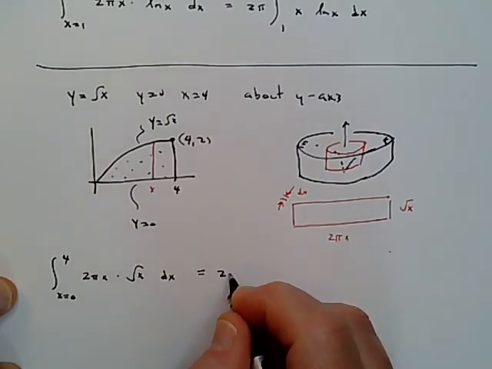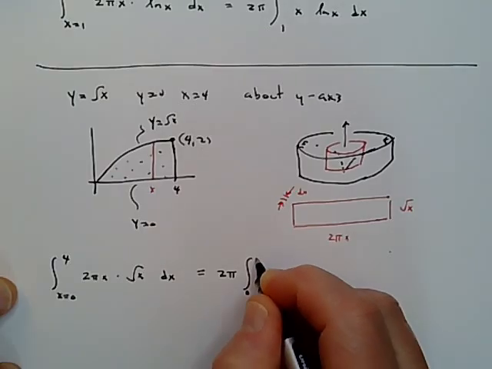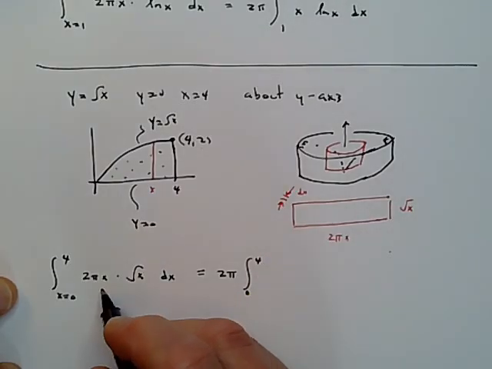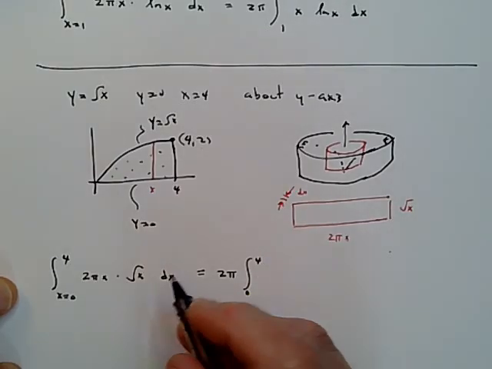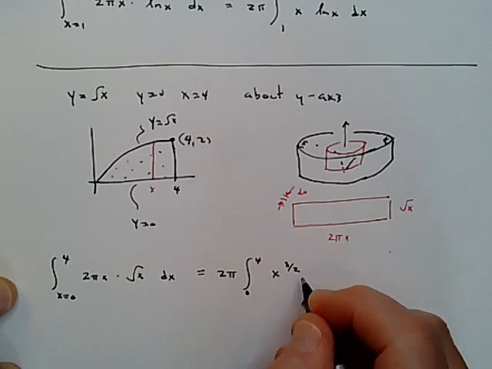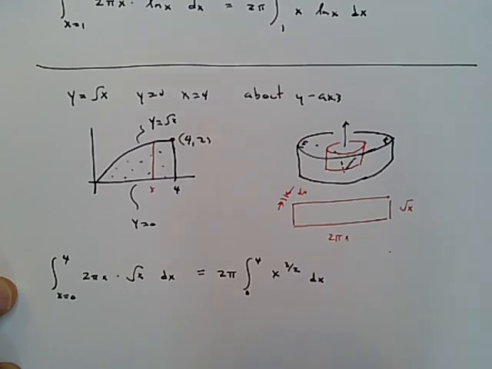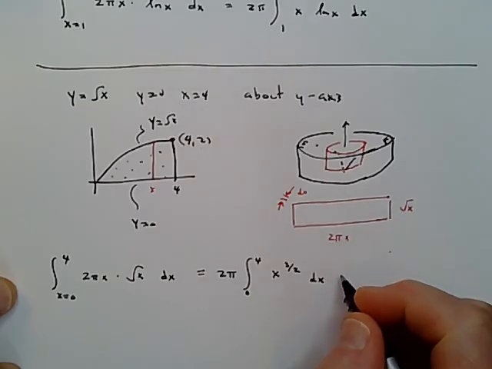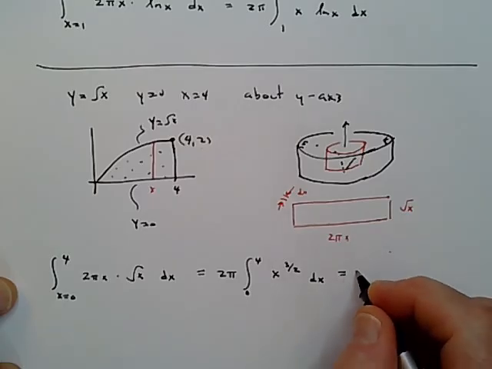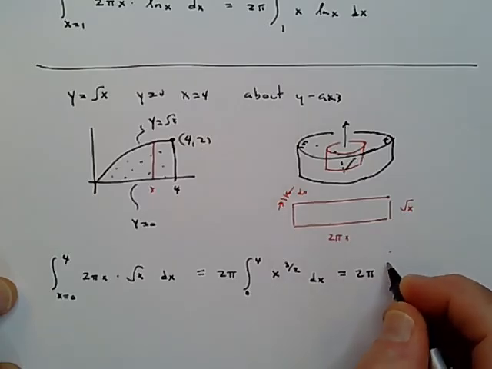I'll bring the 2 pi out, 0 to 4. Let's see, this is x times x to the 1/2, so that's x to the 3/2 dx. Just to go on, just to finish, although really I'm at the it's all easy now point.